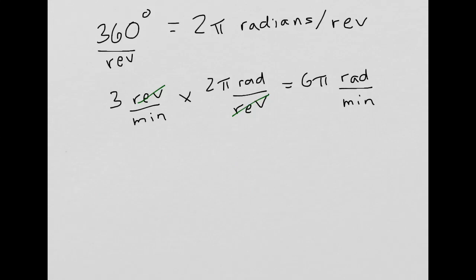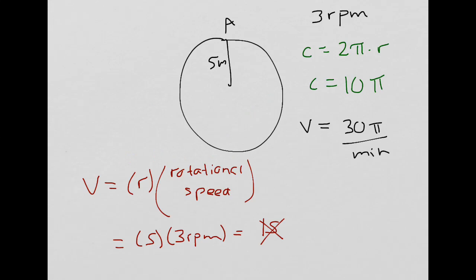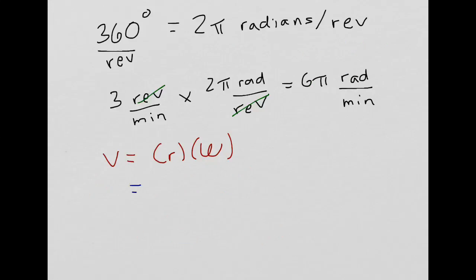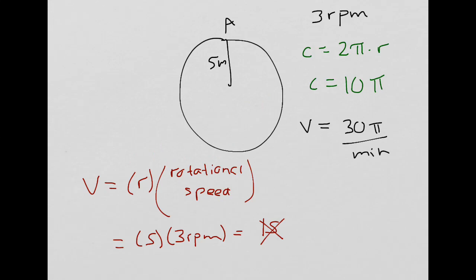So remember the formula was V is equal to radial distance R times rotational speed. And right now I'm going to just call rotational speed omega. Okay. So R was equal to, right here, 5 meters. Okay. And then the 6 pi radians per minute was equal to rotational speed.